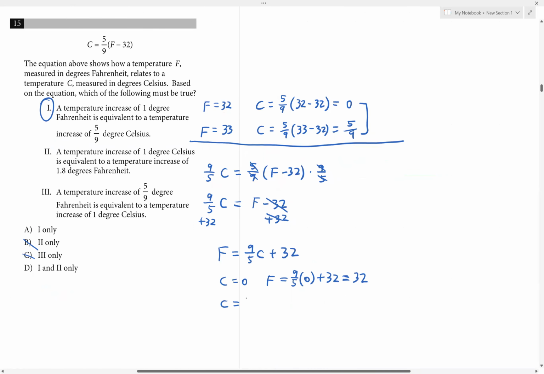And when Celsius is 1, let's increase it by 1, the Fahrenheit temperature will be 9/5 times 1 plus 32, which is 9/5 plus 32.